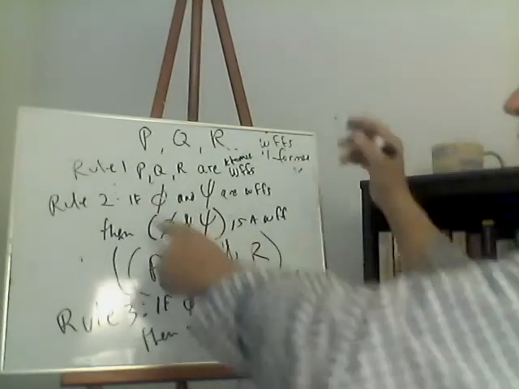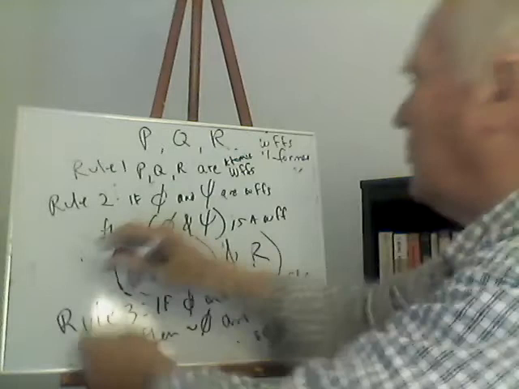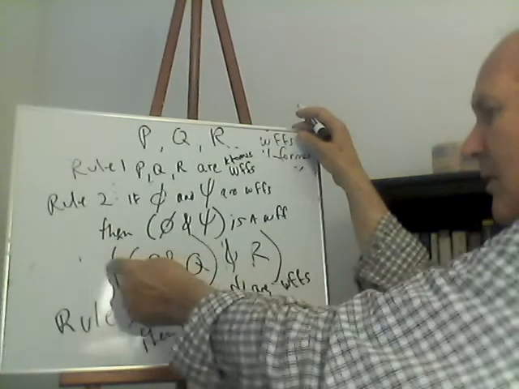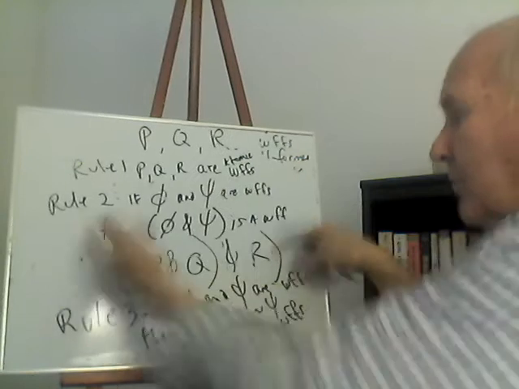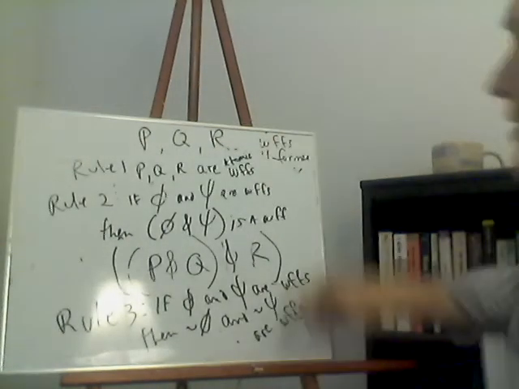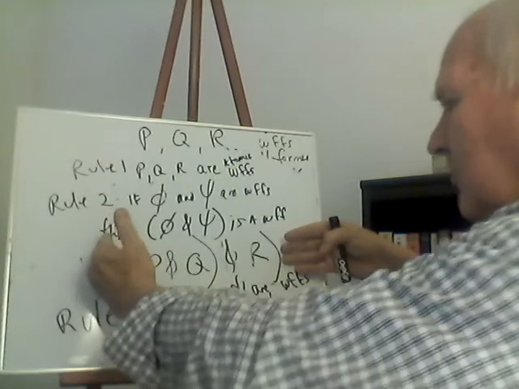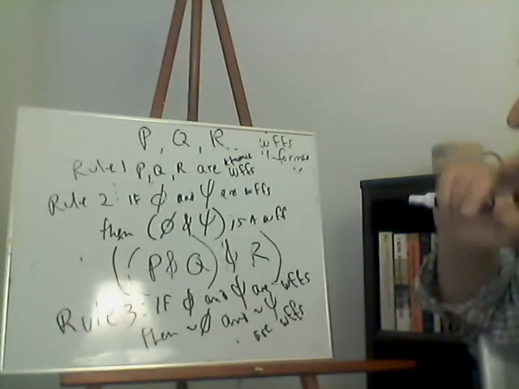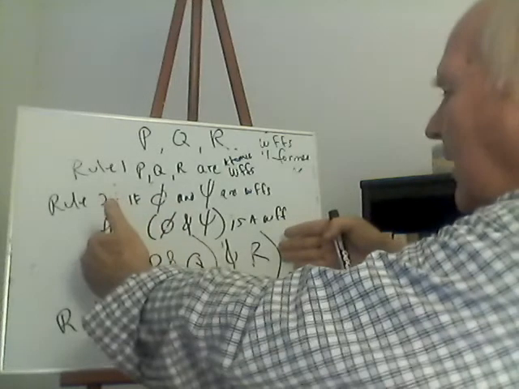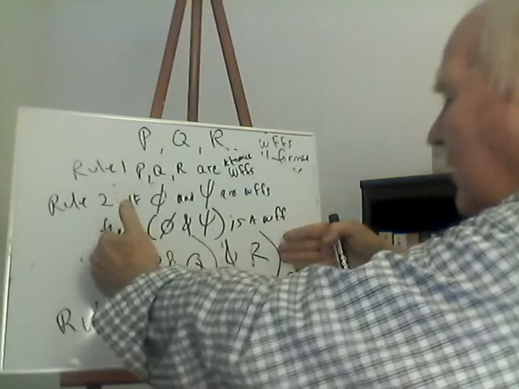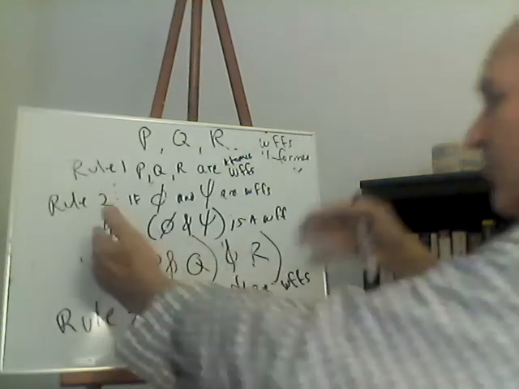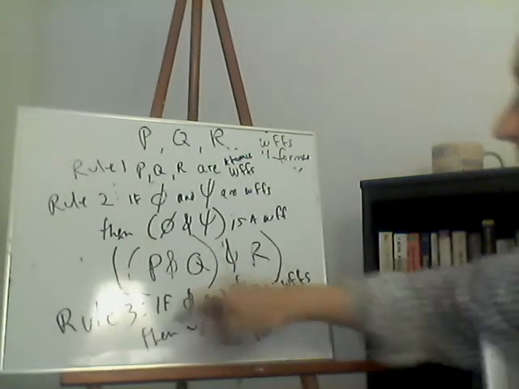So now we know, for example, let's go back to phi. We already know that this whole thing is a well-formed formula. We built it up from what came before. Rule 3 says if you have a WFF, so we'll call this whole thing phi, if phi is a WFF, which it is, you can always put a negation sign in front of it.